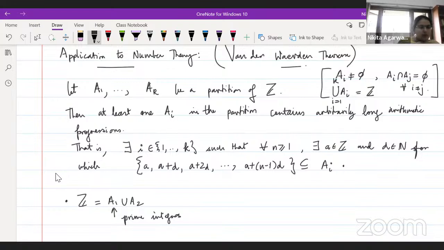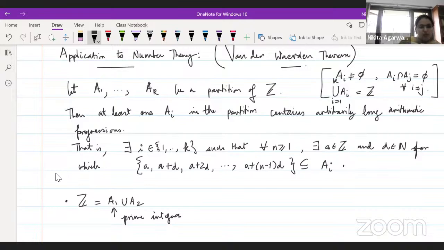Okay. So when you look at A2, all the even integers are there, right? Because they are not prime. And if you have all the even integers, then obviously A2 has arbitrarily long APs, right? Now the question that was of interest was whether A1, which is also an infinite set, has arbitrarily long APs?